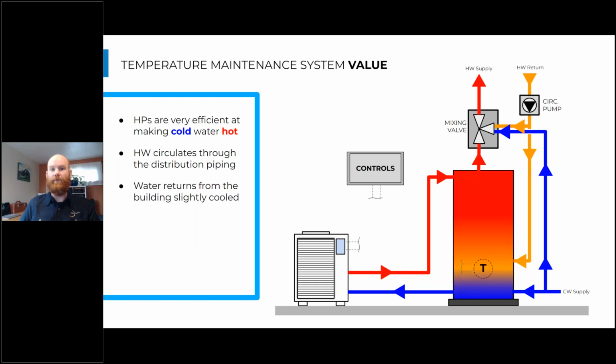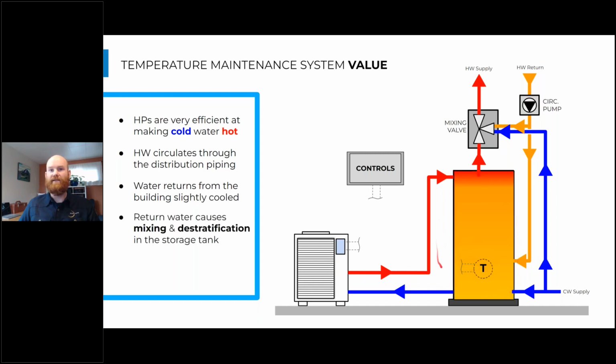So before, we had a very good level of stratification, a high effective storage volume, a lot of hot water to use. Now we bring that back and we essentially mix it, and because it's operating continuously over a few hours, it will mix that tank down, and so now we have a much lower effective storage volume and maybe only a little bit of usable hot water at the top.